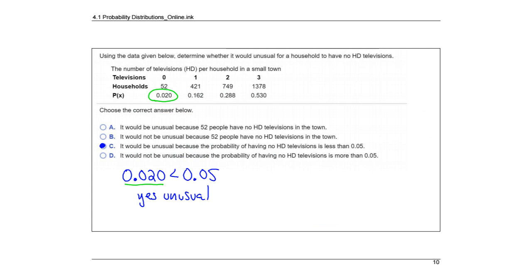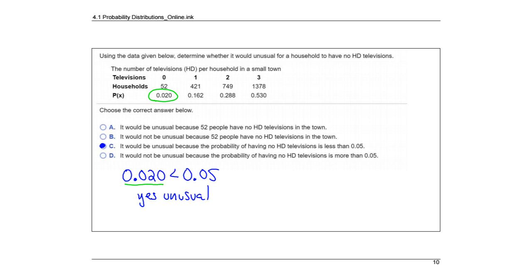All right, these numbers are a little different, but it's the same idea. It's the number of televisions per household. They went ahead and gave us the probability. We don't have to come up with it, but it asks you if it would be unusual for a household to have no HD televisions.